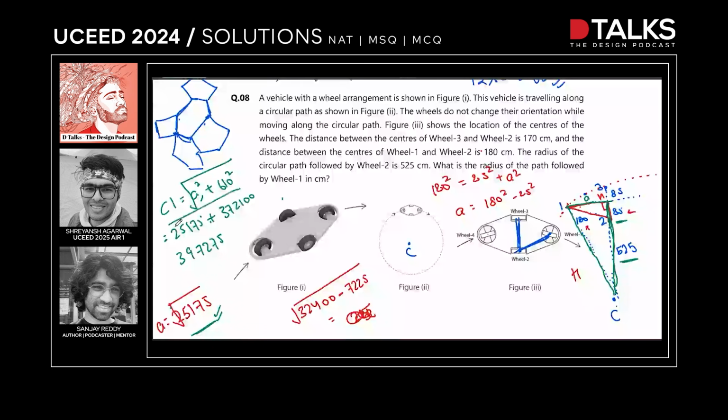Which is equal to the root of 397,275. That gives you around 630. So this was the rigorous technique, if you actually wanted a solution of this question. If you want to give it a guesstimate, the range is huge.